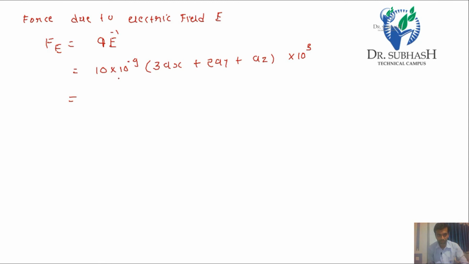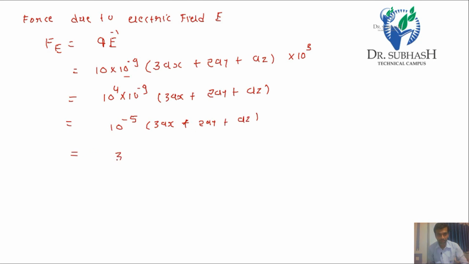So we get 10^4 times 10^−9 times (3ax + 2ay + az), so we get 10^−5 (3ax + 2ay + az), or we can say that 30ax + 20ay + 10az micronewton.